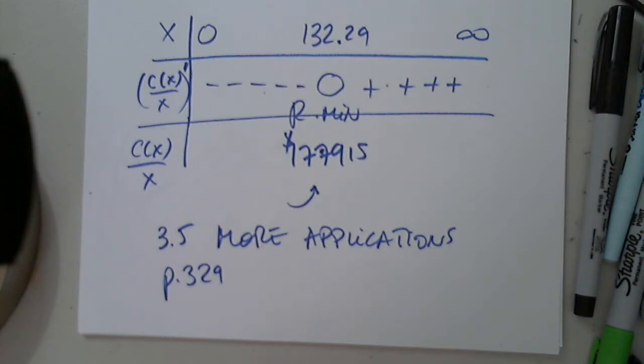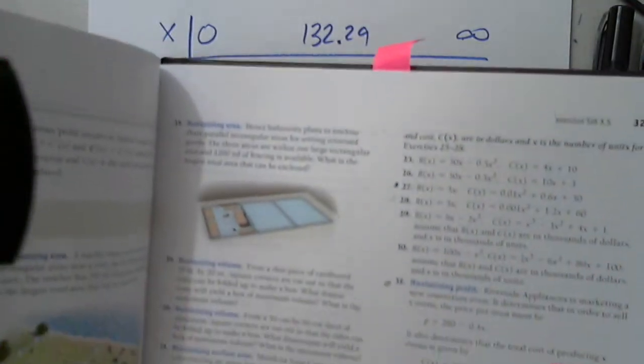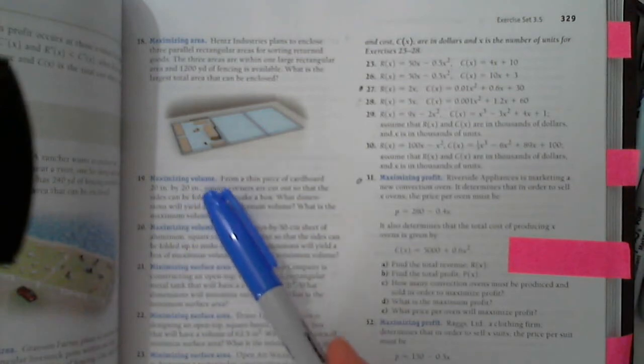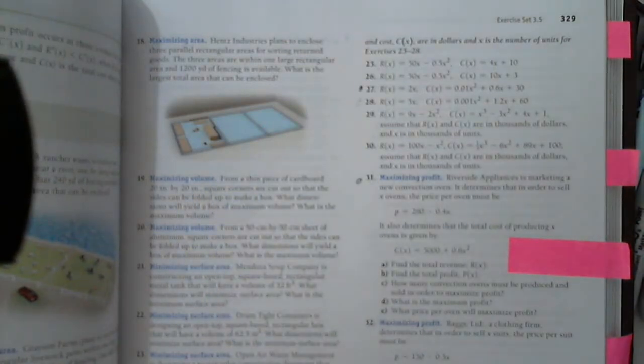Okay, so I'd like to start with something like, I can open the book, or I can just show here, the revenue is given, the cost is given, they're asking us something about profit, something again about maximizing profit. We can look at something with maximizing volume, surface area, if that's what you want.